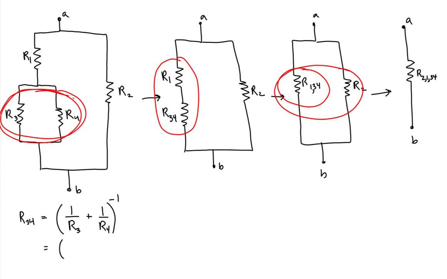This becomes R4 plus R3 over the product of the two resistances, R3 and R4, and we're going to take the reciprocal of that. This ends up being R3 R4 over the sum of the individual resistances.